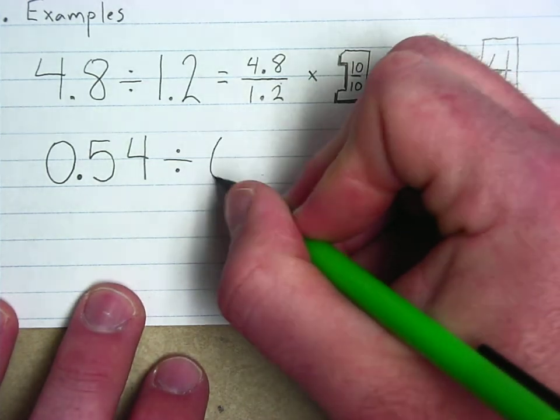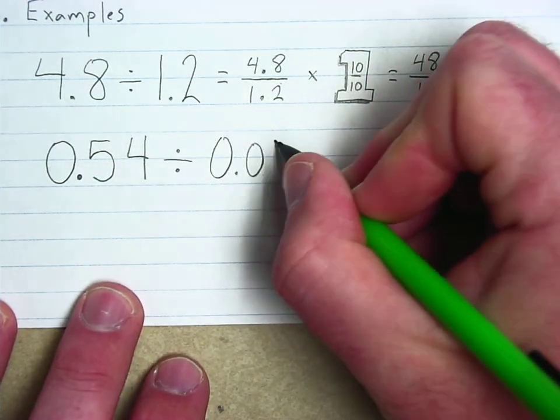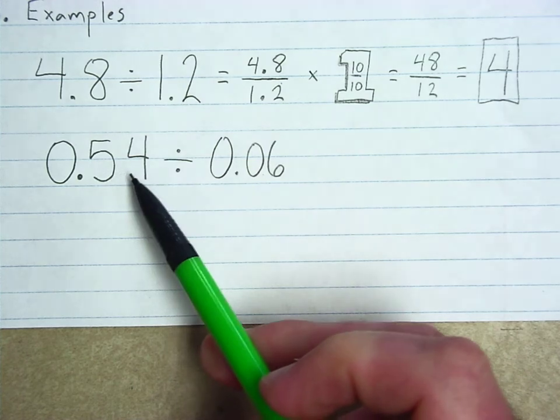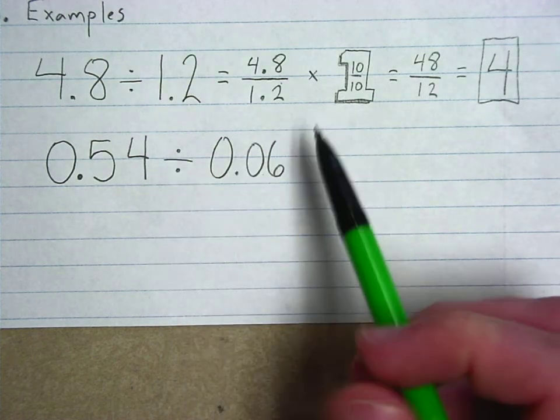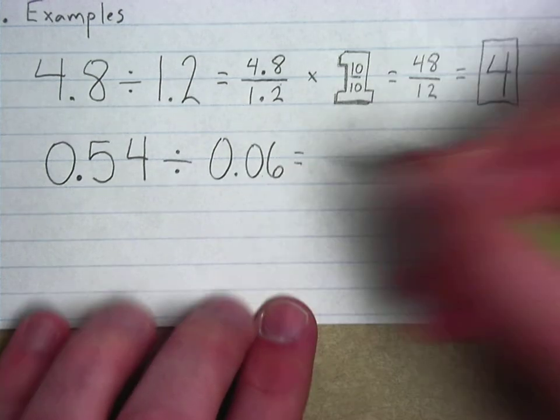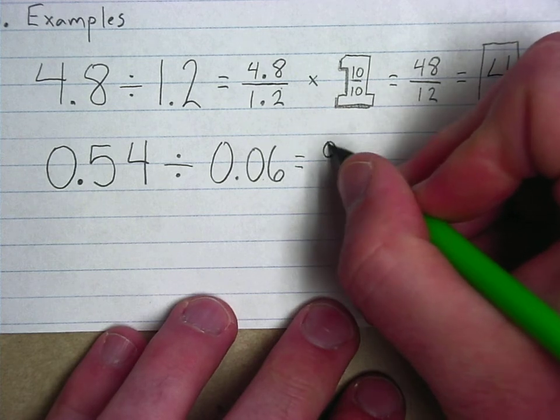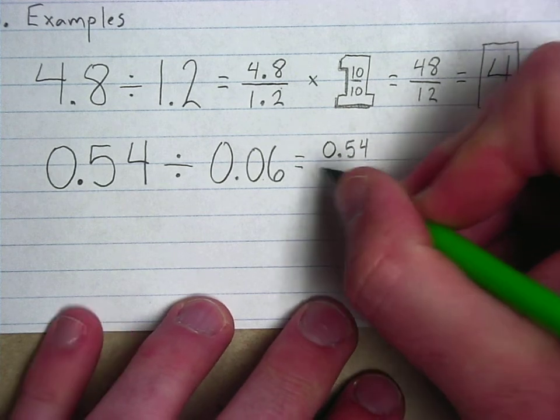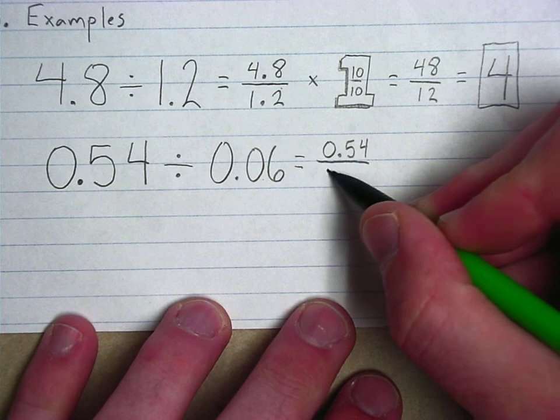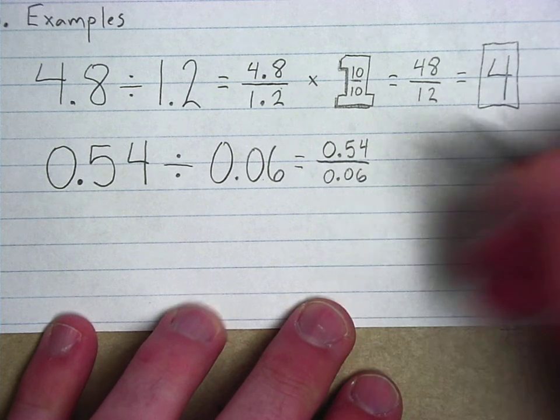Now for this, we have 54 hundredths divided by 6 hundredths. So we're dealing with slightly longer decimals this time. We still write them over and under. We still write them as a fraction.